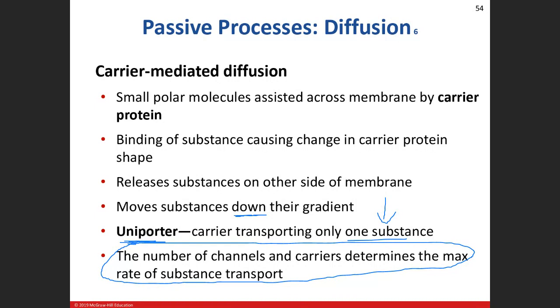But eventually it'll max out. It won't be able to meet the demands. So the number of these channels or carriers will eventually max out, and therefore the maximum rate of the diffusion will eventually max out.